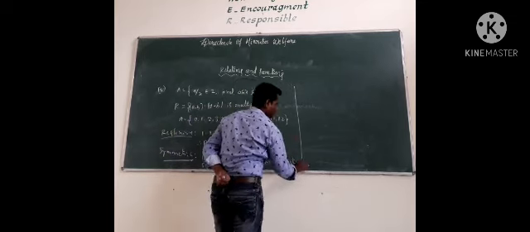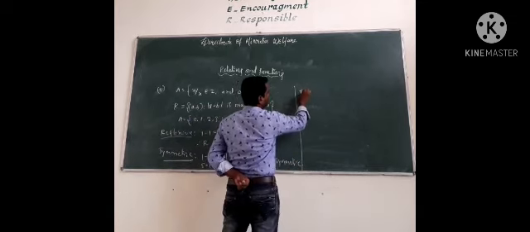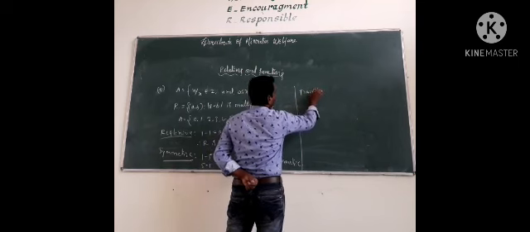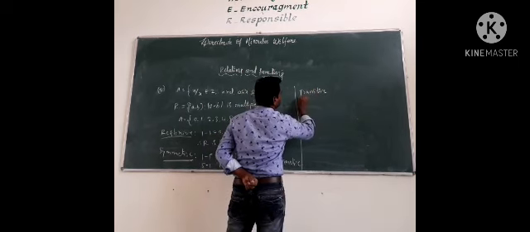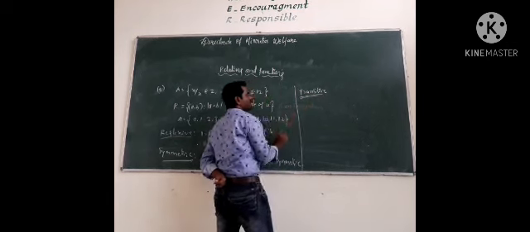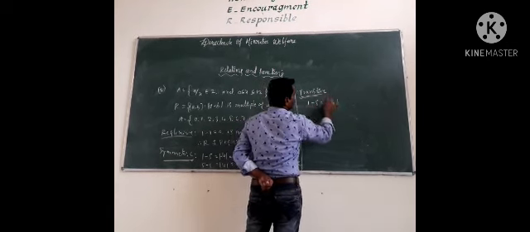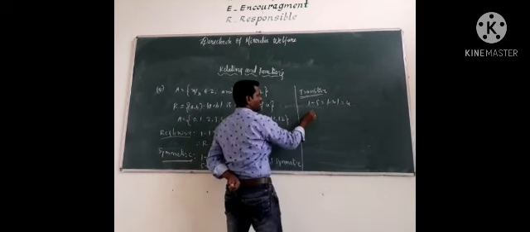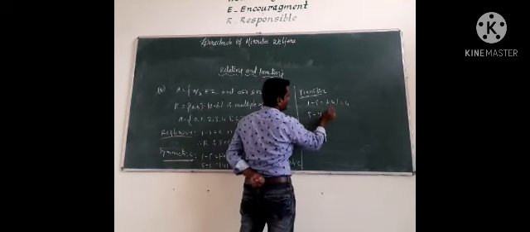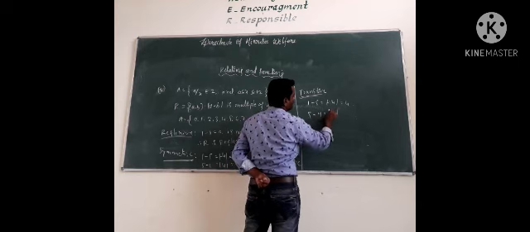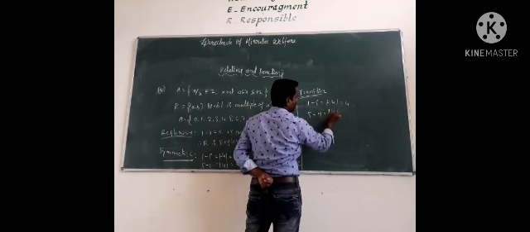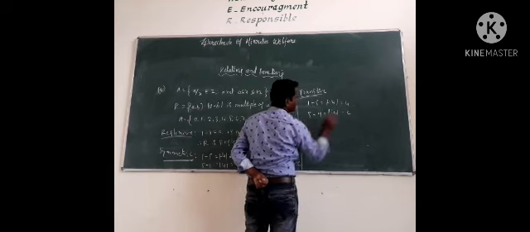Then transitive. Here 1 minus 5 equal to minus 4. Next, 5 minus 9 equal to minus 4, that is equal to plus 4 under modulus.